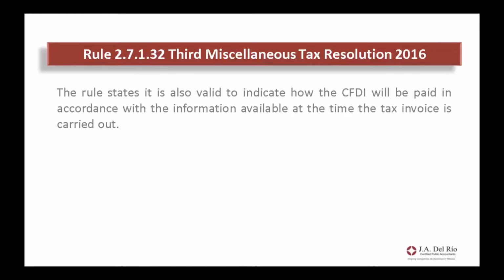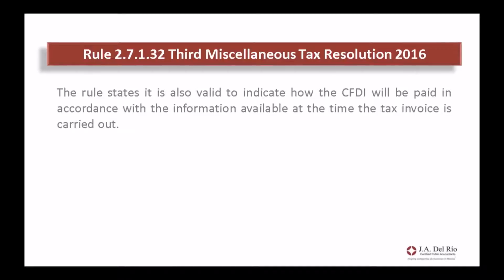So, in the prior screen, we learned that we can use NA for method of payment, and in this one, we see that we can also use the information available when we are issuing the invoice. However, this implies a couple of things.